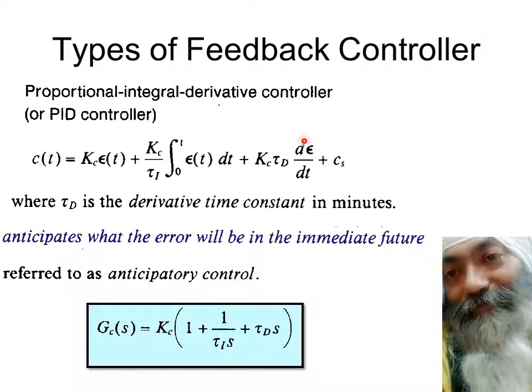And this sine omega t means at what frequency omega the error is changing, right? And if this error is changing at a very high frequency, then the output of this d epsilon by dt will be very, very high because it's getting multiplied by omega. If omega is 50, the whole thing will be multiplied by 50, and if it is 2000, the whole thing will be multiplied by 2000.